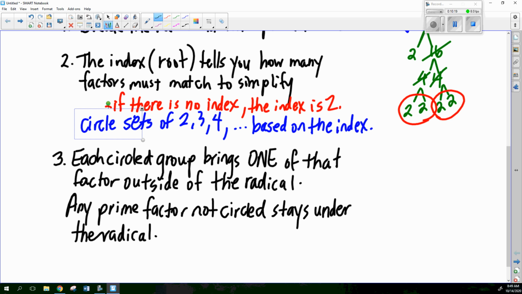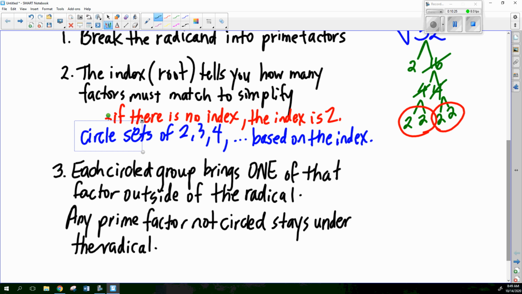Okay. So what does that mean for our example over here? Well, we circled 2 pairs of 2's. So for each circle, we're going to take 1 2 out. Okay? So I'm going to write a 2 times a 2, because I have to take out 2 2's, 1 from each pair.